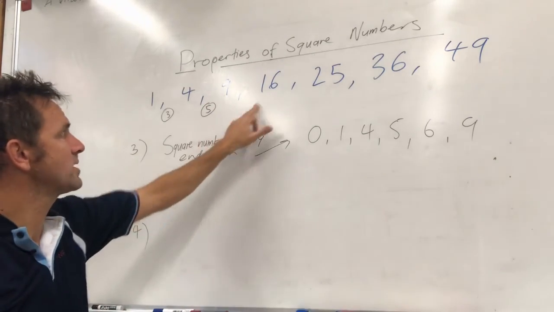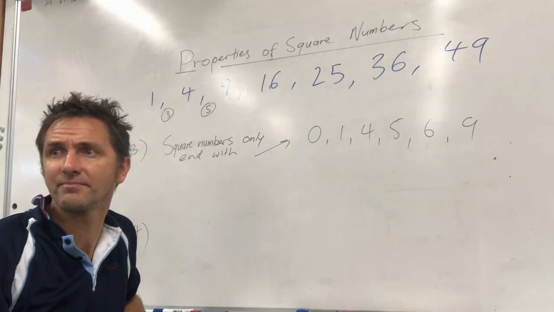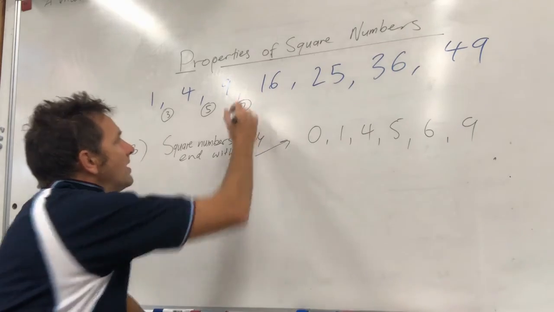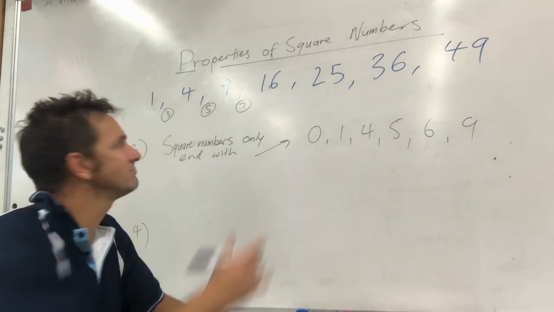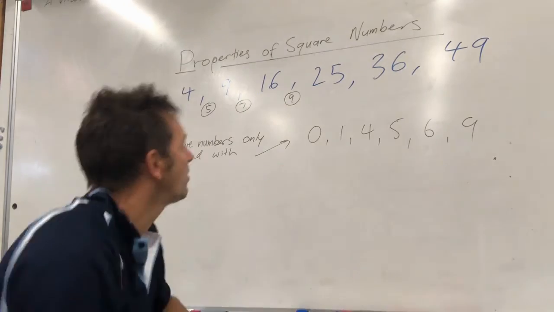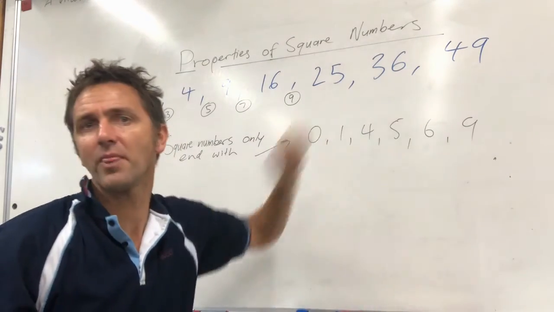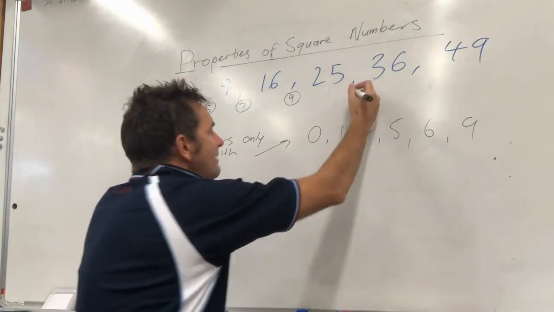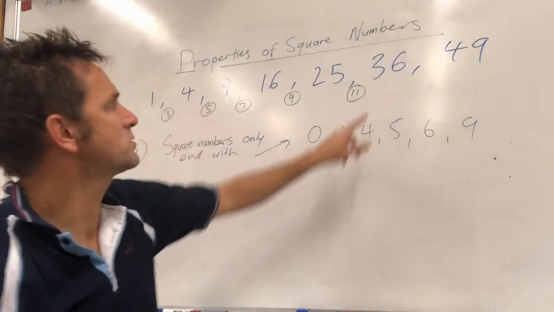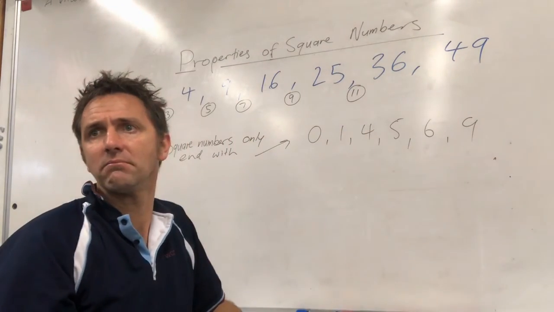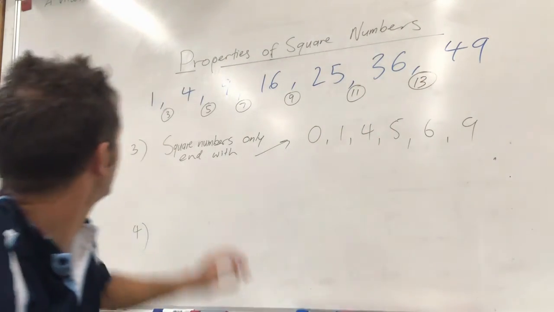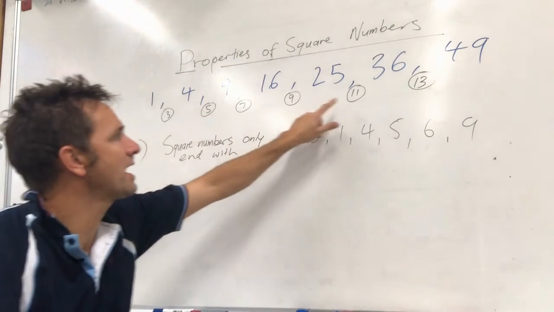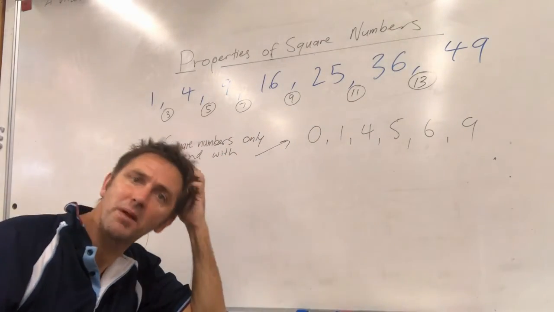What's the difference between 9 and 16? 7. What's the difference between 16 and 25? 9. What's the difference between 25 and 36? 11. What's the difference between 36 and 49? 13. There's a pattern. Can you see the pattern? 3, 5, 7, 9, 11, 13.